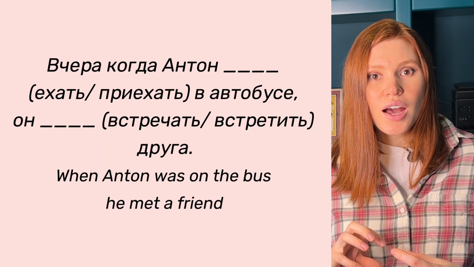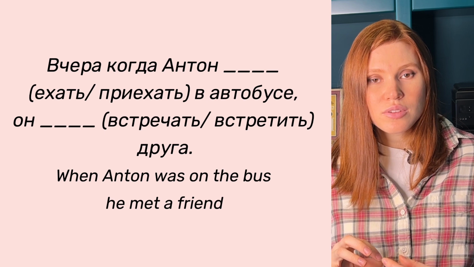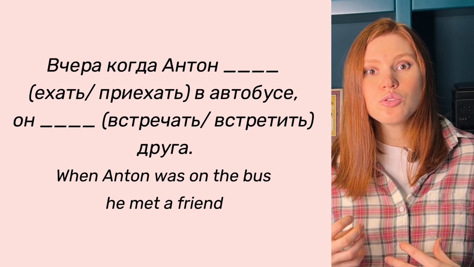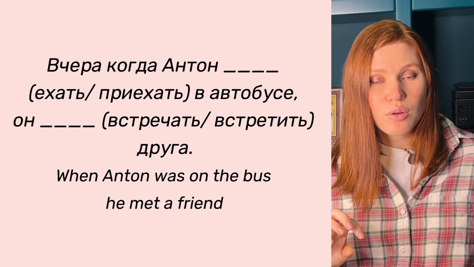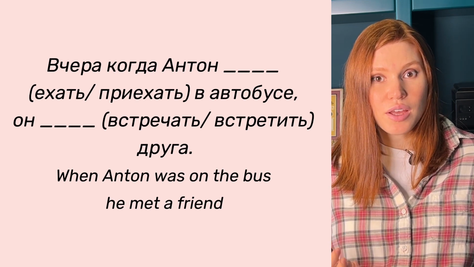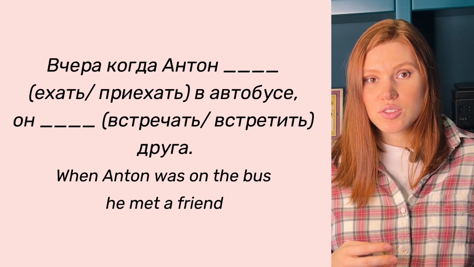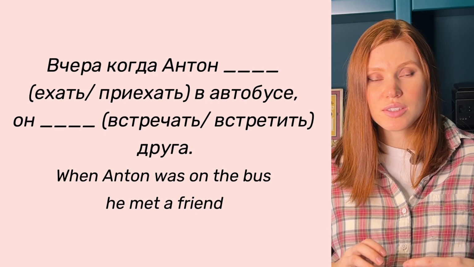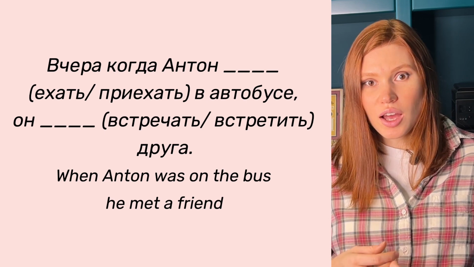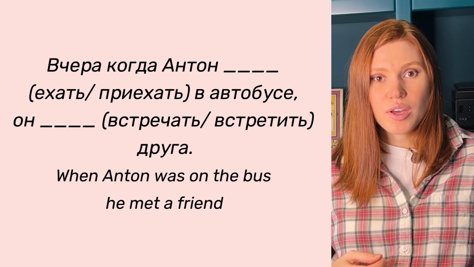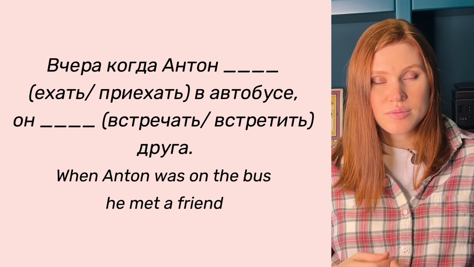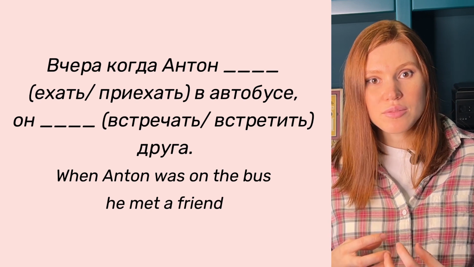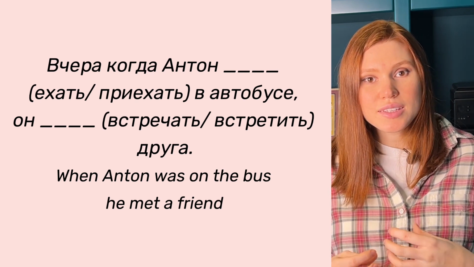Окей? Вчера, когда Антон в автобусе, он друга. When Anton was on the bus, he met a friend. So here, it's not about present tense. We have words like вчера. So it's past. And we have this word когда. So you should understand this situation.